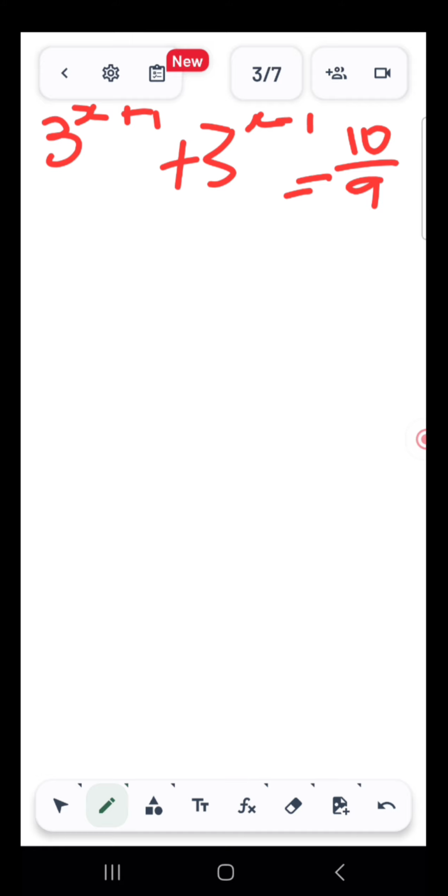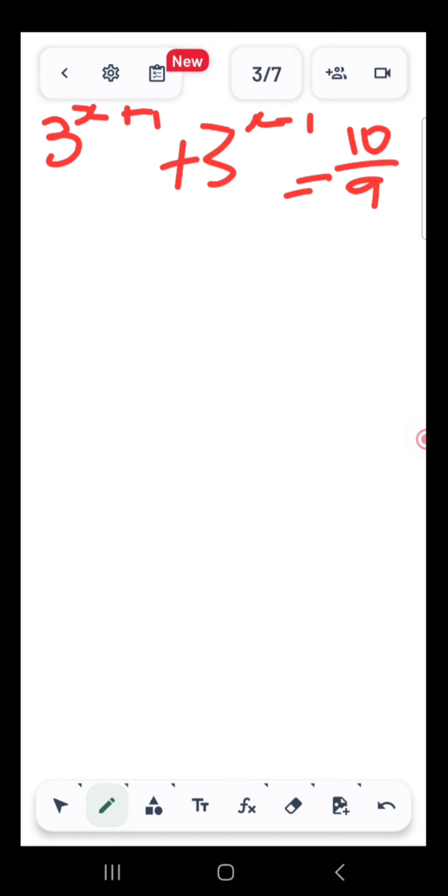Now we are solving for x in the exponents. We use the laws of exponents. There's no factorization, standard form, none of those things, right? Those only work when you are doing quadratic equations.